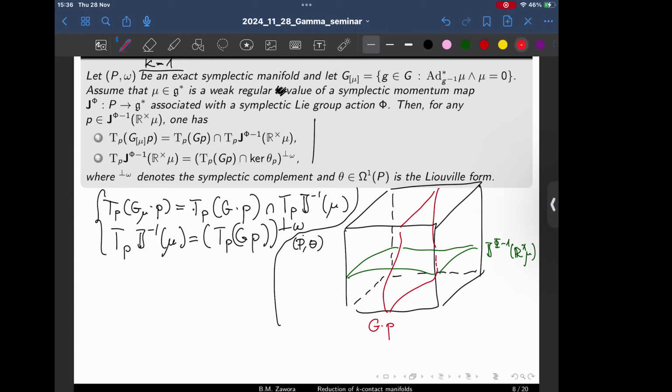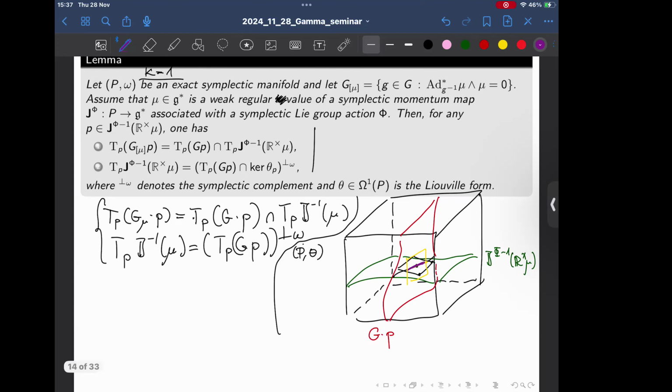The intersection of the tangent space to J_phi^{-1}(R cross mu) with the tangent space to the orbit is the tangent space to the orbit generated by this subgroup G_mu, which is, of course, in general something bigger than the tangent space to the orbit generated by G_mu.